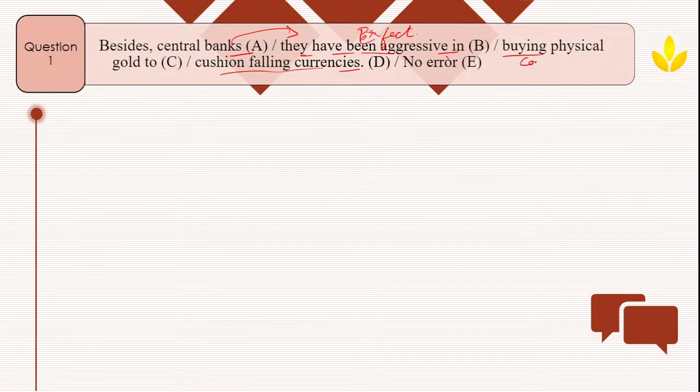Buying, continuous is given, so it is somewhat related to the present. It is not in the past yet, so it is compared with cushioning the falling currencies. So both are in continuous, so you don't need to worry about the tense now. So what are the other words that you can look into?